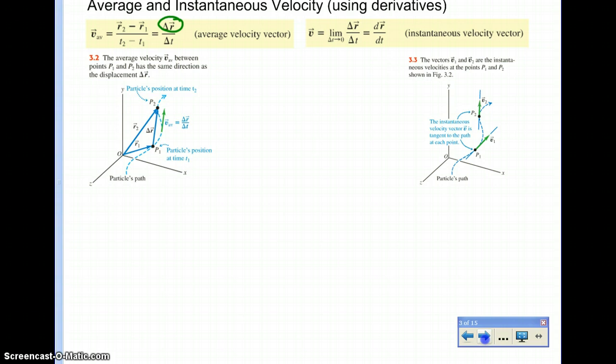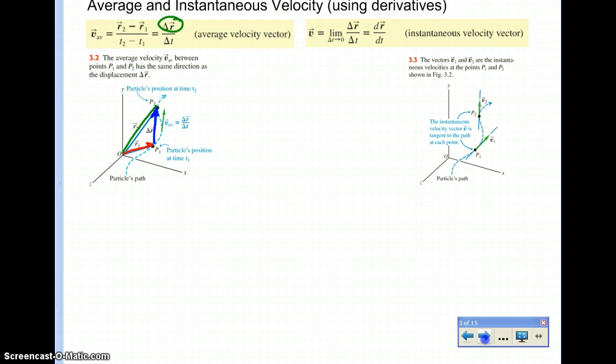So it might be the resultant of, say, vector number 1 and vector number 2 combining to make this resultant vector. And therefore, the average velocity through that is going to be the change in that position component, the resultant position component, over time.